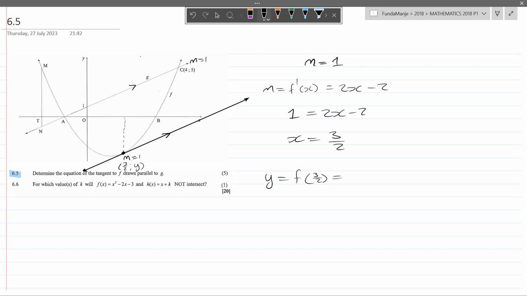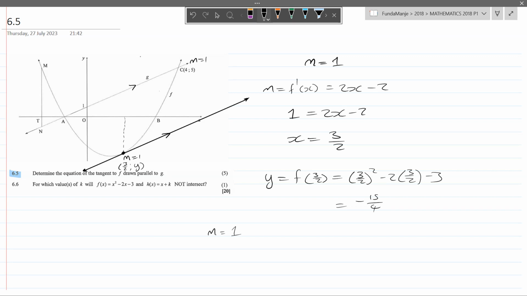And that will be 3 over 2 squared, minus 2 times 3 over 2, minus 3. Putting this in your calculator will immediately give you an answer of minus 15 over 4, which will be the y value.